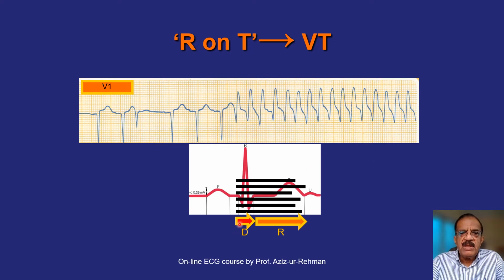So this is the depolarization. This is repolarization. Please note that at the end of repolarization there is some differentiation. Some muscle fibers have recovered, that means they are now responsive. Others have not yet recovered, that means they are still refractory.